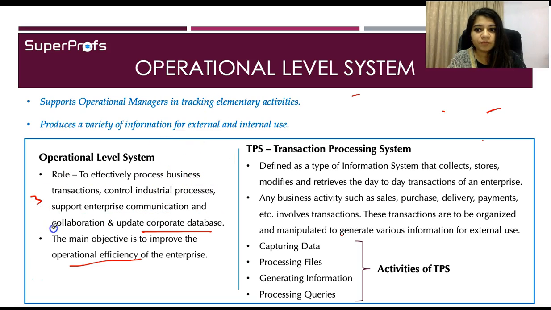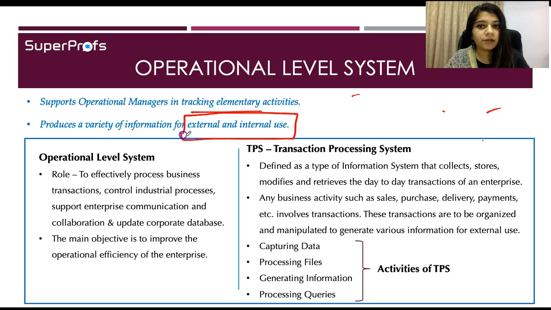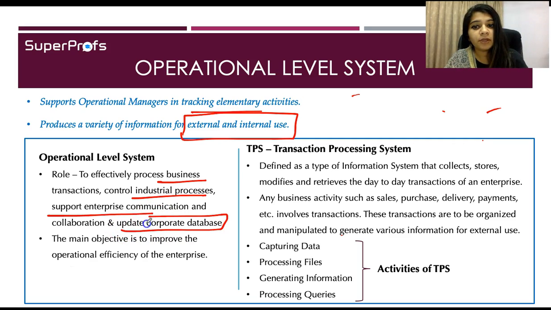All right, we'll just quickly revise the complete operational level system. It will be utilized by operational managers in tracking elementary activities, and it will provide a variety of information for external and internal use. It is to effectively process business transactions, to control industrial processes, support enterprise communication and collaboration, and to update the corporate database. The main objective is to improve the operational efficiency.